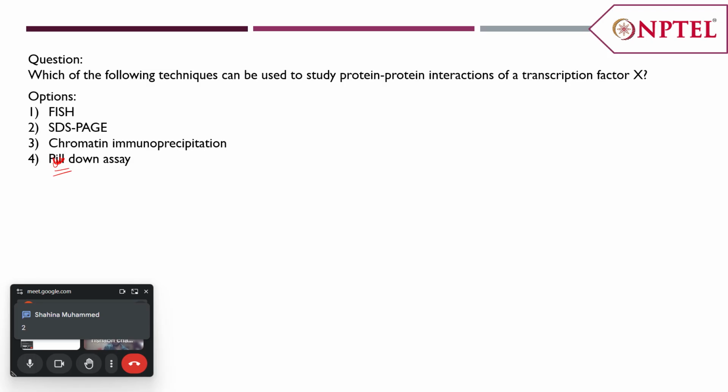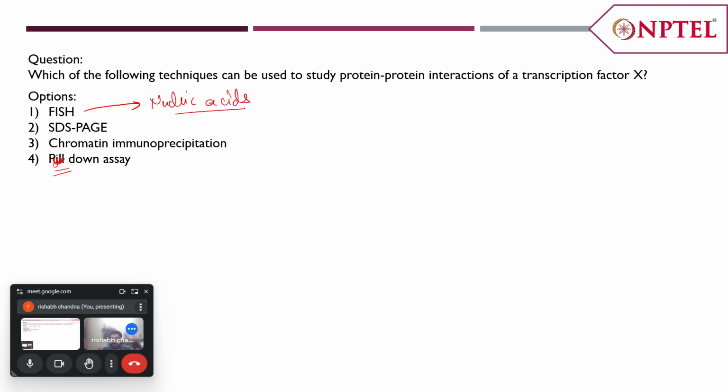These are the different techniques that we use. First is fluorescence in situ hybridization. Here, we generally use it for detecting nucleic acids. We label the nucleic acid in such a way that it will be able to detect the particular or specific nucleic acids that we have.